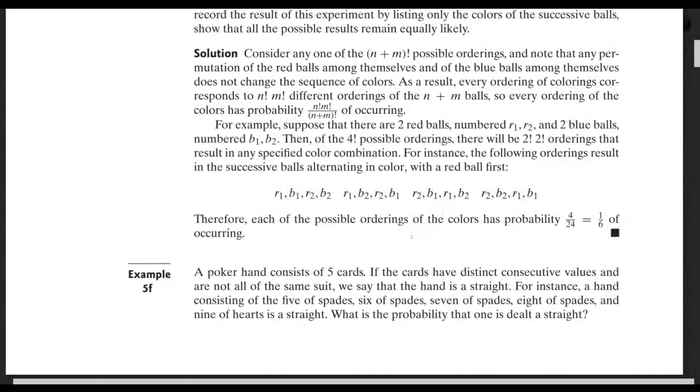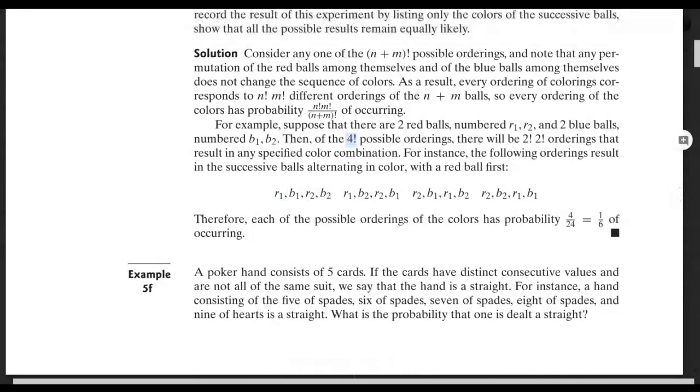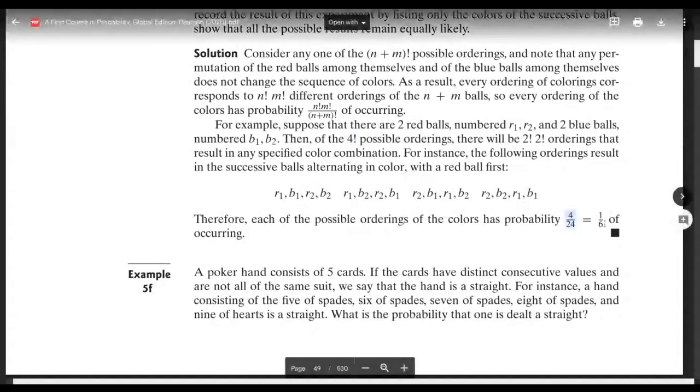Therefore, each possible ordering of the colors has probability 4 over 24, because of 4 factorial, right? If we permute 4 things, we have 4 factorial, 4 times 3 times 2, which is 24. Then we have 4 over 24, which is 1 over 6.